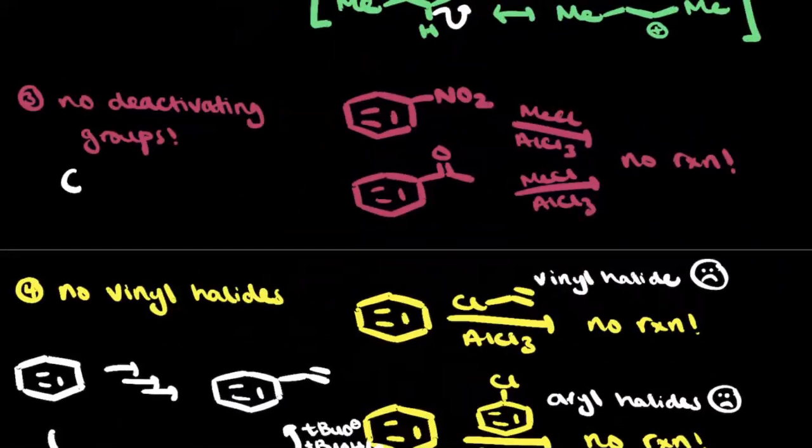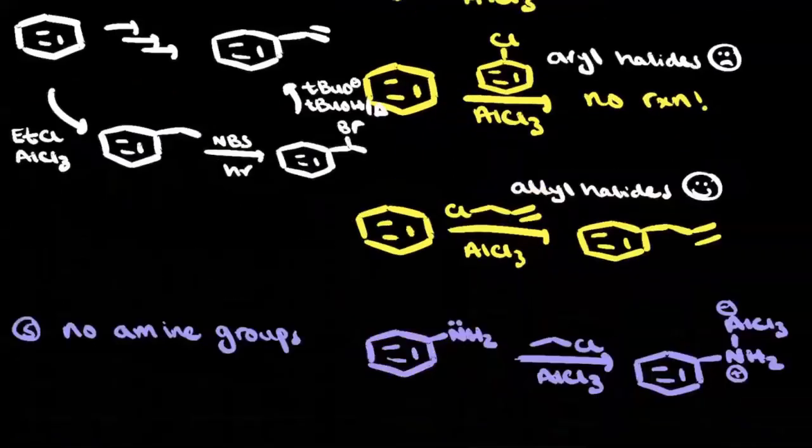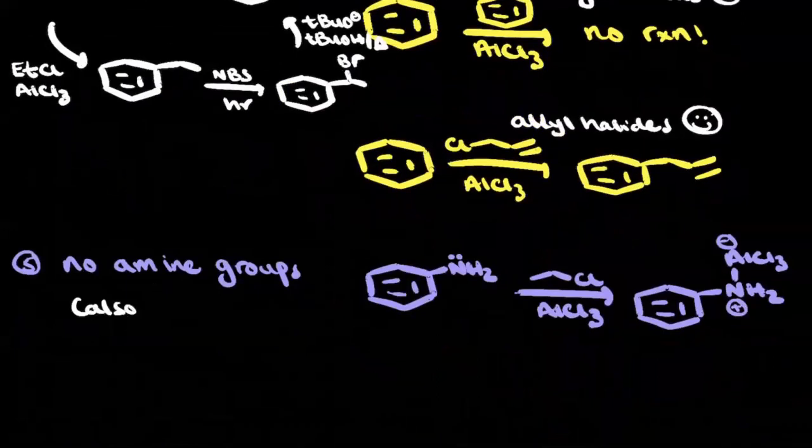What was the second one? The amine groups? Yep, that's right. So 3 and 5 over here both apply to acylation. All right, beautiful. Any other questions on this?